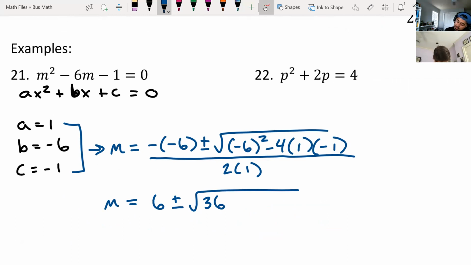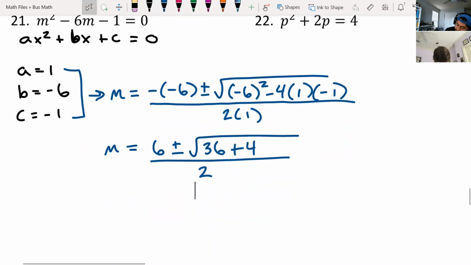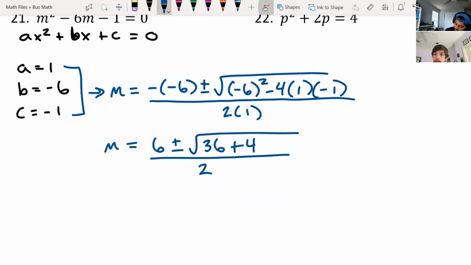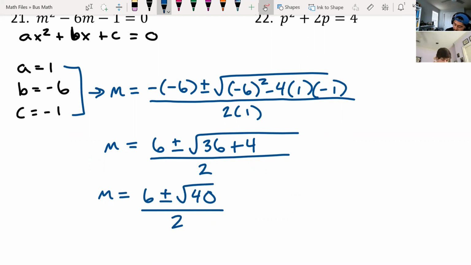And then negative 4 times 1 times negative 1 gives me positive 4, all over 2. Still cleaning up. This becomes m equals 6 plus or minus the square root of 40 over 2.